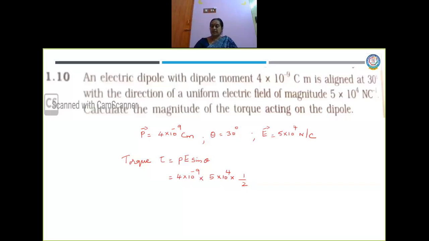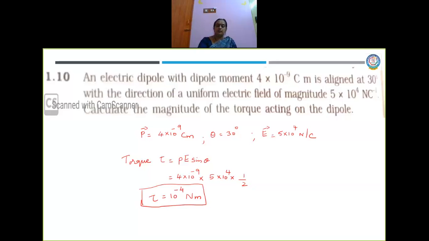So when I simplify, the answer will be 10 power minus 4 Newton meter. It's a very simple problem which involves direct substitution of the formula. So what is the torque? The magnitude of the torque is tau equal to 10 power minus 4 Newton meter.